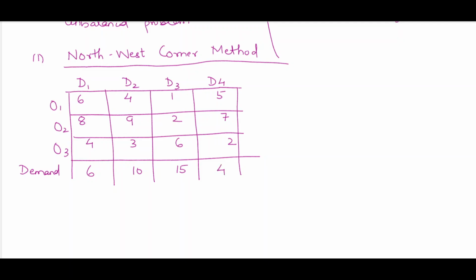And in the last column the supply is given: 14, 16 and 5.